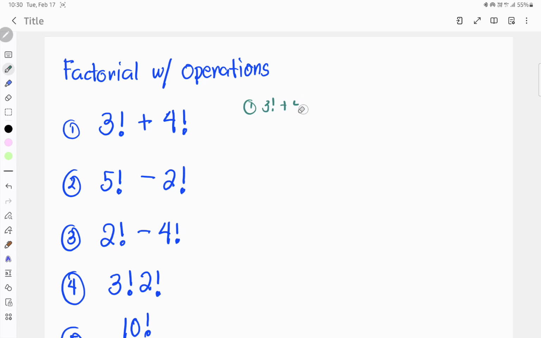When we operate that, it means that you need to have 3 times 2 times 1 plus 4 times 3 times 2 times 1. Multiplying that, that would be 6. That would be 24. So, 6 plus 24, that would be 30. So, that is the answer of 3 factorial plus 4 factorial.